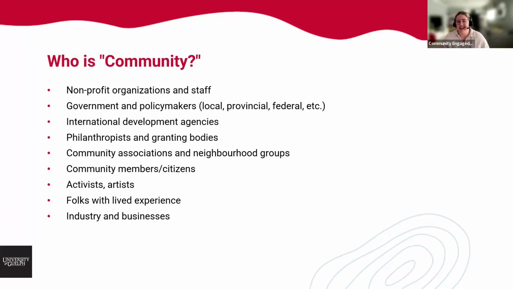So, really, the key takeaway that I'm hoping folks gain from this exercise is that community can be defined in countless different ways. And it can include any of the groups that were listed here or in the chat, and basically any groups that you can even conceive of, and probably ones that you hadn't yet conceived of.